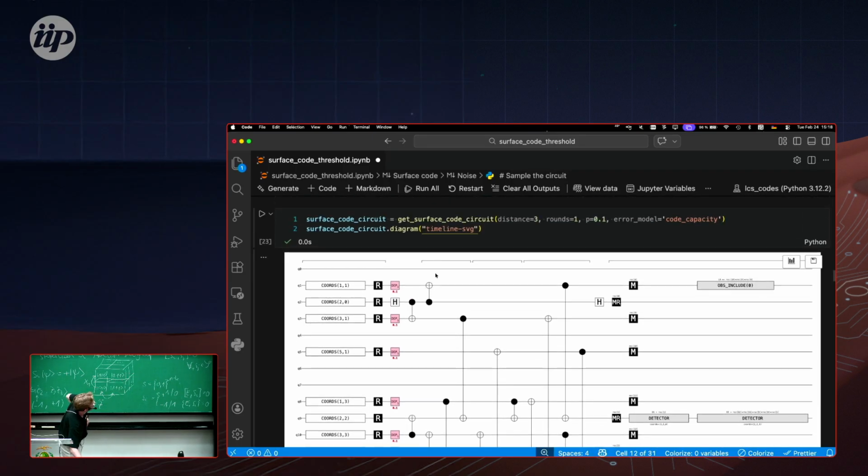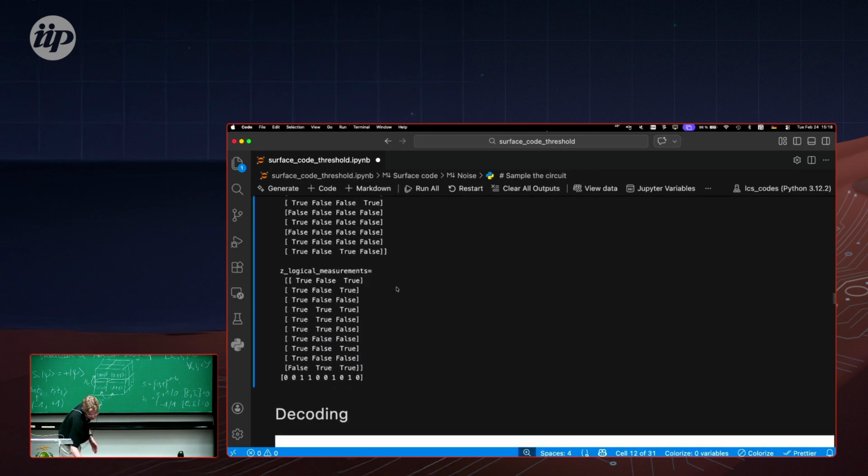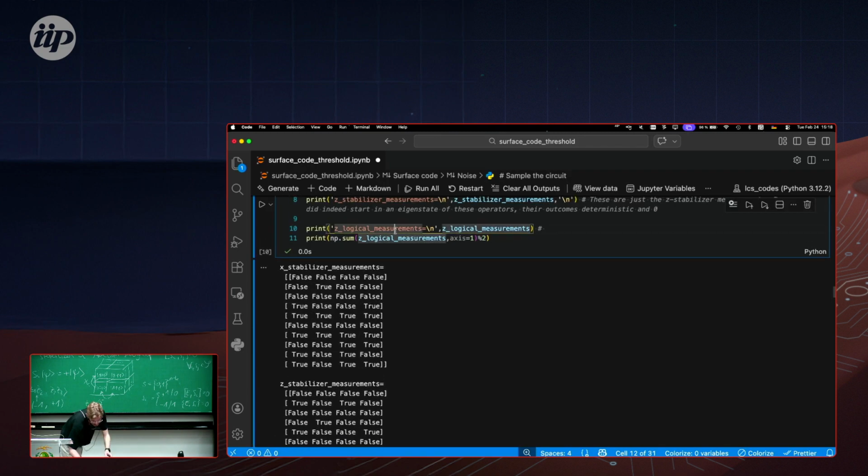Each of those is a depolarizing channel. After that, I read out the stabilizers and get the stabilizer measurement outcomes. For example, here I have some X stabilizer measurements that give me 0 or 1, depending on whether there's been an error or not. These are those syndrome vectors. There's 10 of them because I sampled 10 times, but because there are probabilistic errors, each run gives different measurement outcomes.